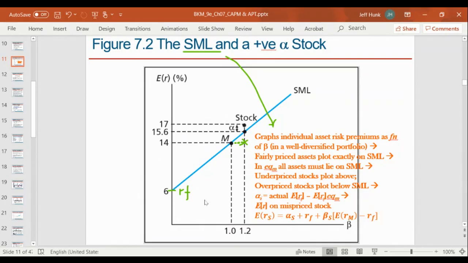And plus the alpha, right? And so this specification, right?